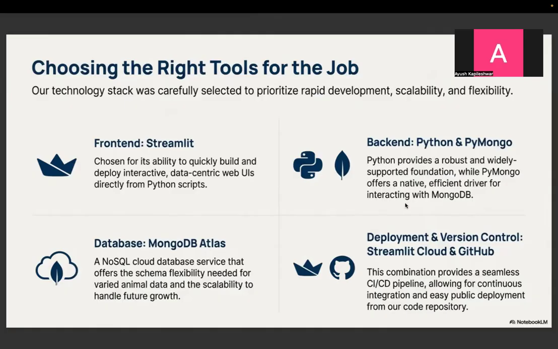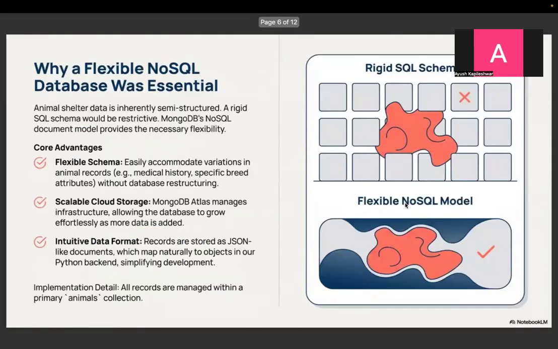As we learned in our course, MongoDB Atlas will act as our NoSQL cloud database, and further ahead, GitHub and Streamlit Cloud will collaborate together for version control and deployment. This stack allows us to go from development to deployment very efficiently. And then over to the next slide.